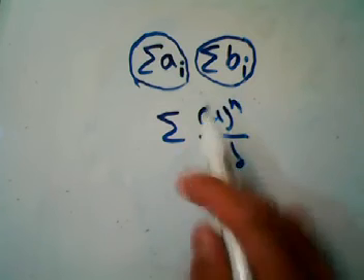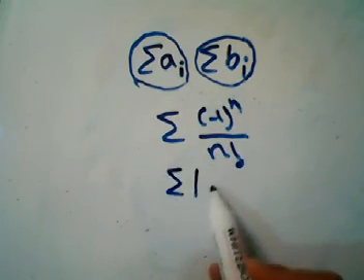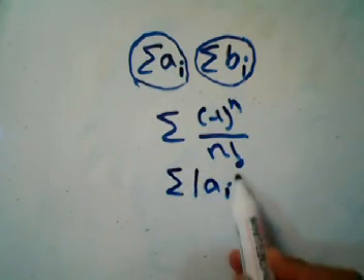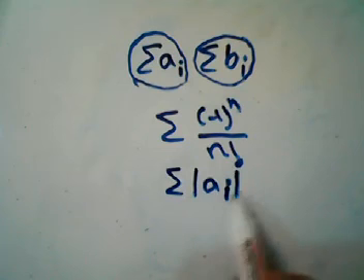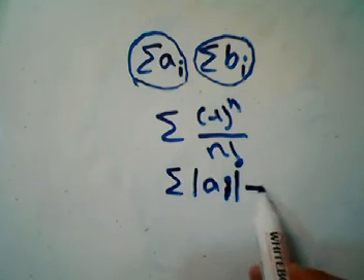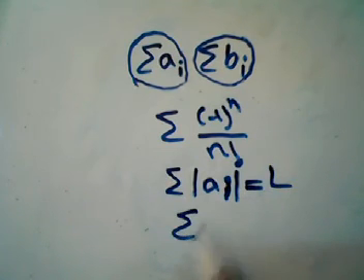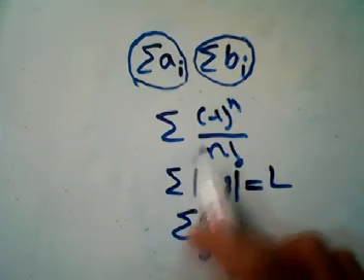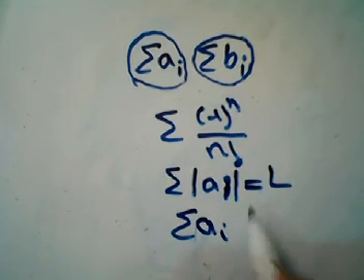We have a theorem which says that if the series of absolute values of the terms is convergent, then this is also convergent.